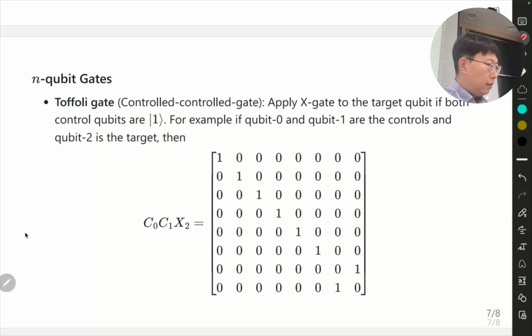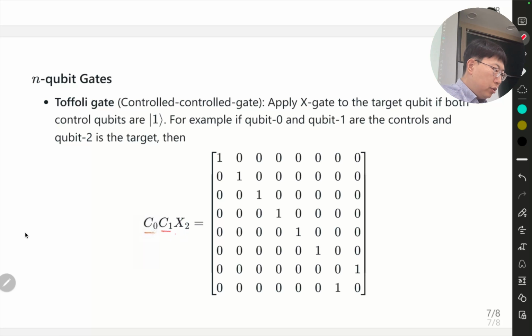It's n-qubit gates. The typical example is Toffoli gate. Now, Toffoli gate acts on 3 qubits. It acts on 3-qubit state, and it contains 2 or more controlled qubits. So in this case, we're taking C0 and C1, which means that qubit 0 and qubit 1 are both controlled gates.